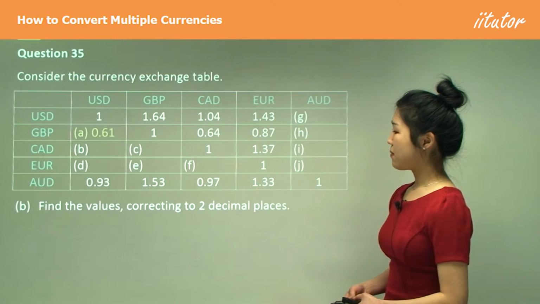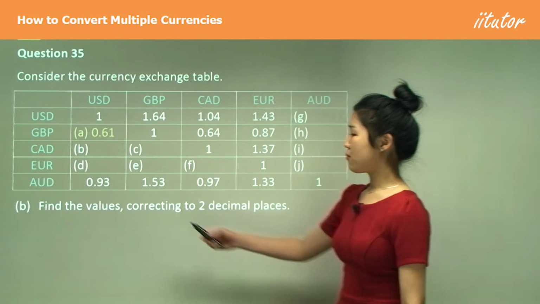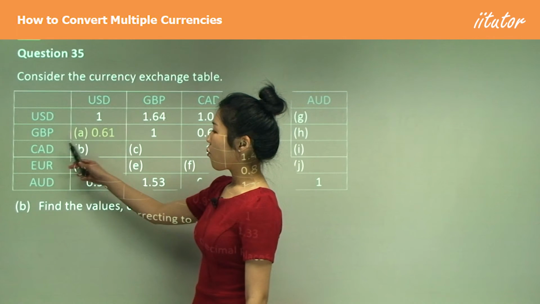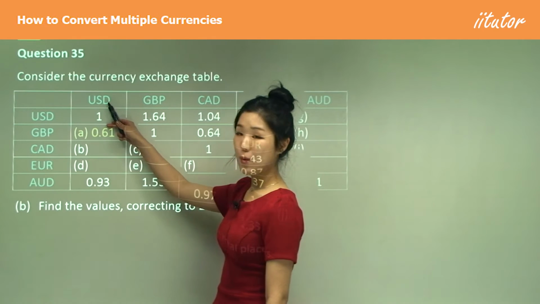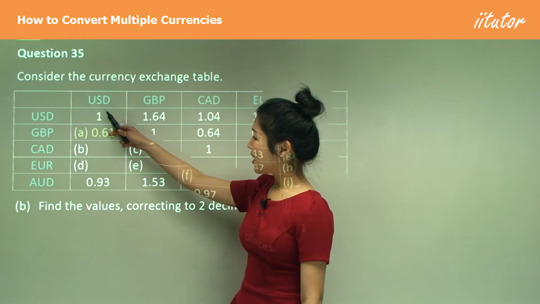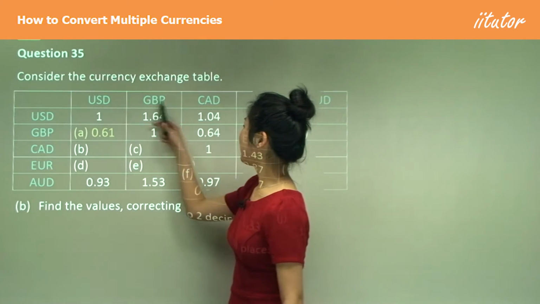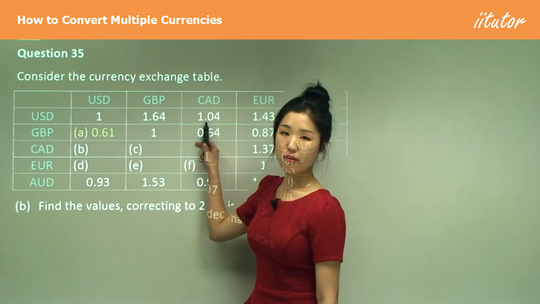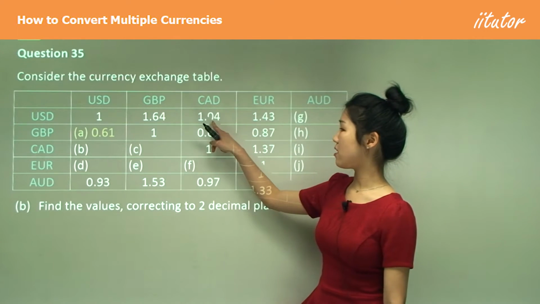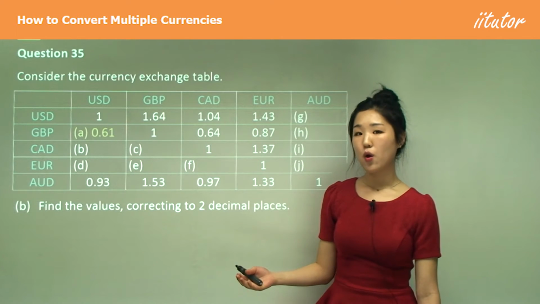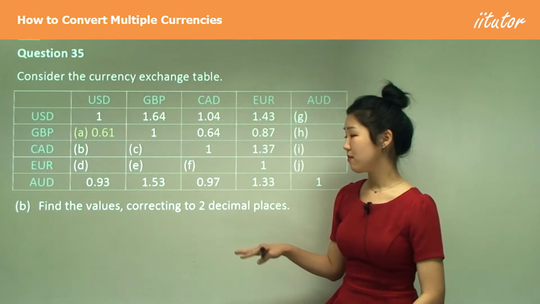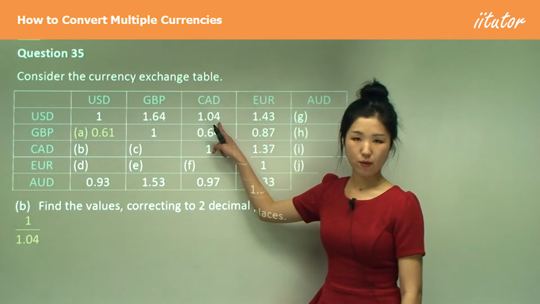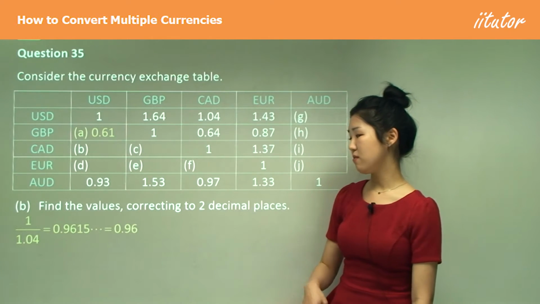Now let's try B. Find the values again. So for B, we want to know 1 CAD is equivalent to how much USD. Now you can see here, USD to CAD is 1.04. So 1 USD buys 1.04 CAD, which means if I want to go the reverse, we do exactly the same as part A, 1 over 1.04, which is that, 2dp, that's going to be it.